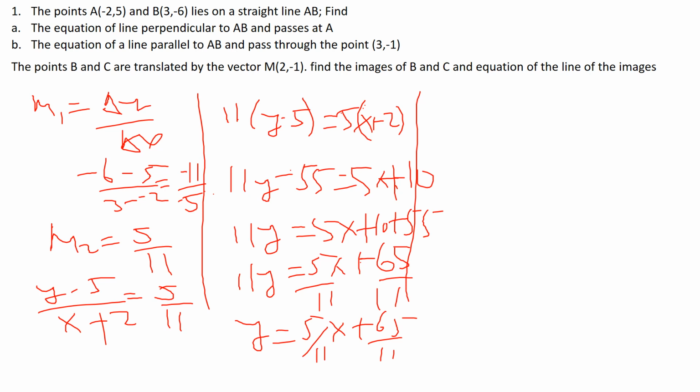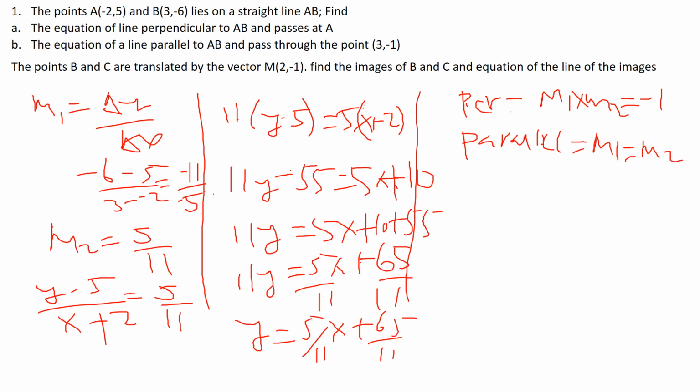So the next question is the equation of a line parallel to AB and passing through that point. We now know the difference between a parallel and a perpendicular. For the perpendicular line, if we take gradient 1 multiplied by gradient 2, this gives us negative 1. But for the parallel line, we know that gradient 1 is the same as gradient 2.